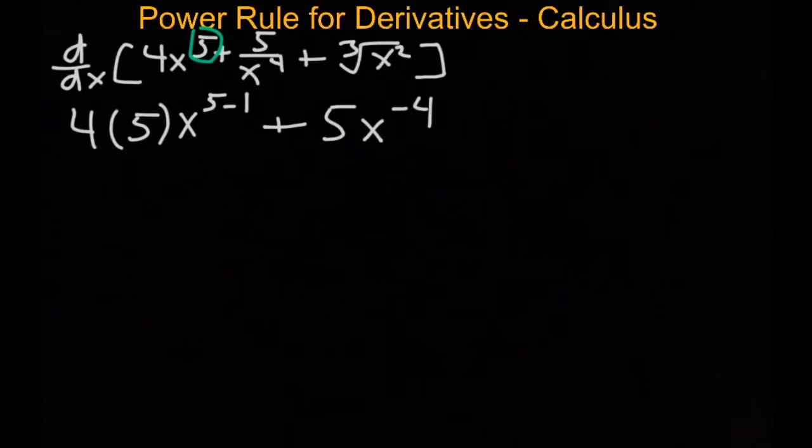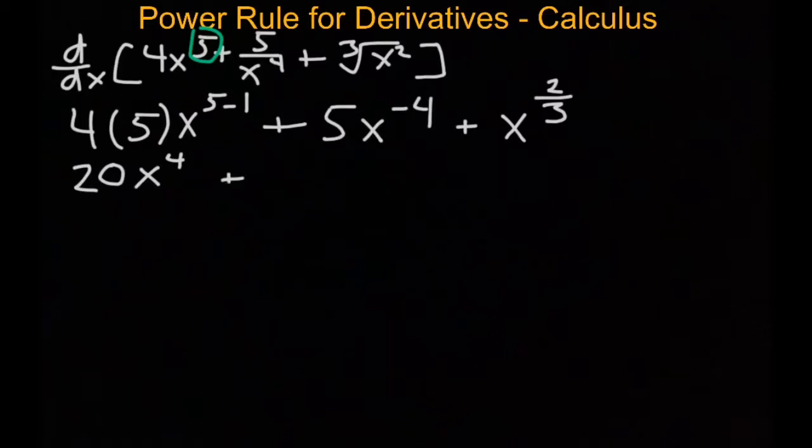For the third part, the third root of x squared, we can write this out as x to the power of 2 over 3. So now let's simplify this down. 4 times 5 is 20, and x to the power of 5 minus 1 is x to the power of 4.